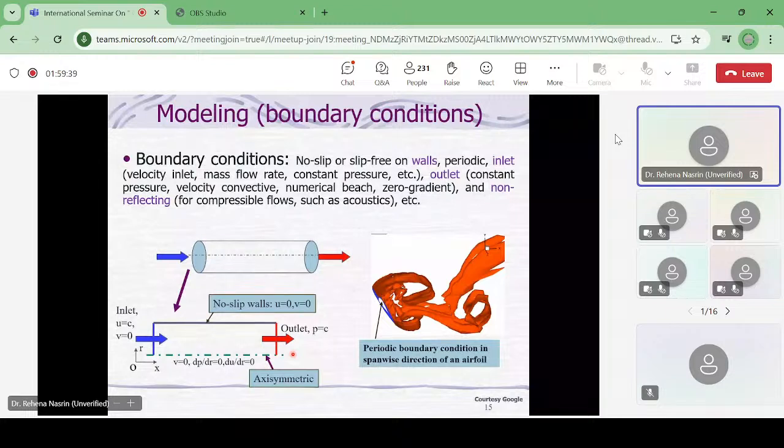That's why whenever we can see that our considered geometry can be transferred from three dimension to two dimension, we always go for two-dimensional analysis due to the previously mentioned factors. The dot line is axisymmetric, and this blue part is the inlet.